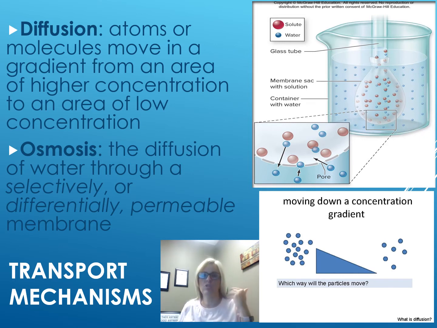This is diffusion, okay? So if we look at this picture over here, all right, and we look at the red molecules versus the blue molecules, all right? So, and let's say I have a semi-permeable membrane. The red here is going to be the solute, and the water is going to be the solvent, all right?